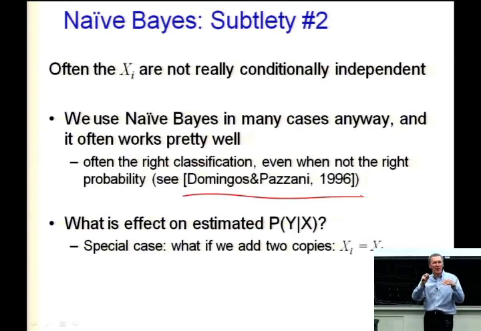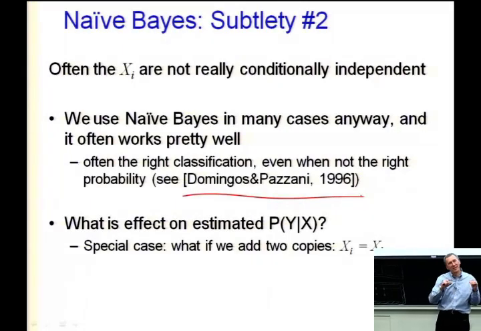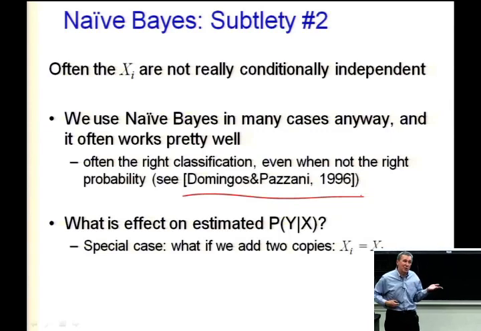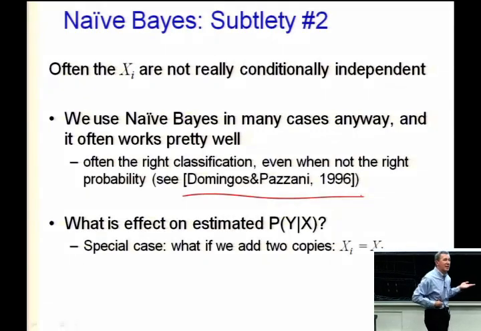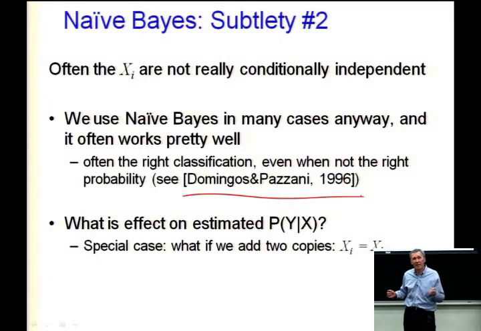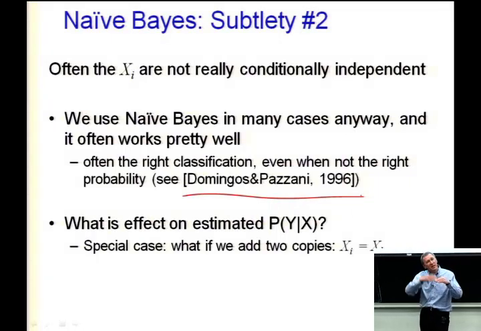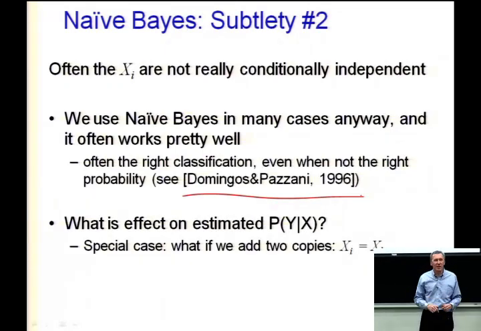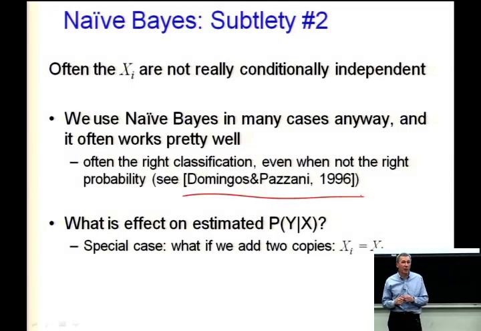And you don't even notice, if you evaluate it that way, whether it got the exact right probability. So the probabilities will surely be distorted if we make the conditional independence assumption and it's not valid. But it still could push it to the right side of 0.5. So that's one reason why. It's kind of obvious, but that's one reason why we can get away with this.